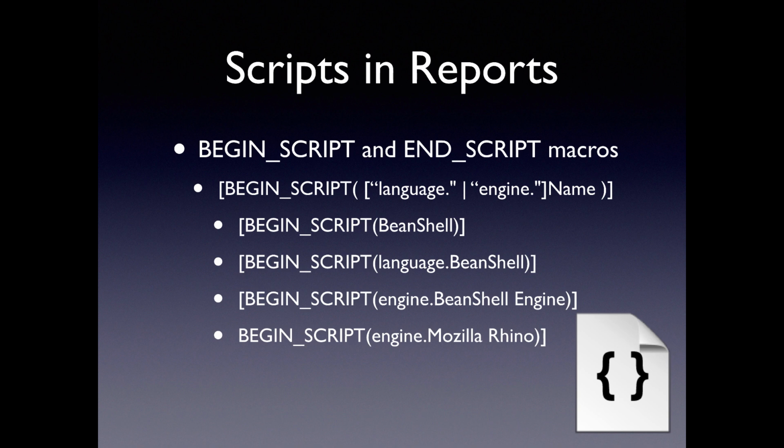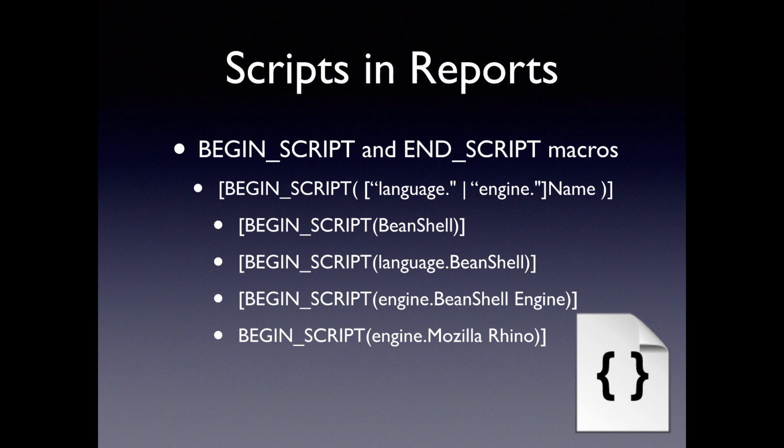Well, maybe you have a case where you've got two different engines installed that both process the same language. Let's say, for example, you have Mozilla Rhino, which processes JavaScript, and let's say you have Nashorn, also a JavaScript engine, installed.